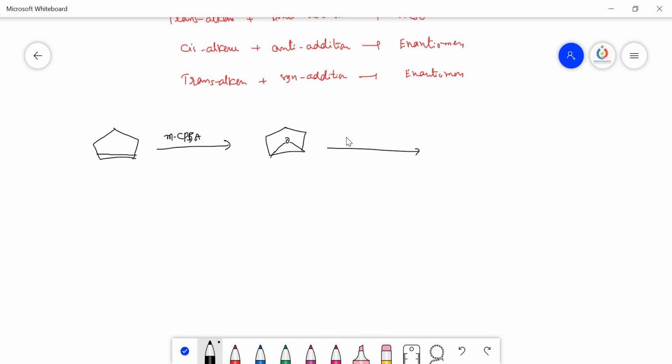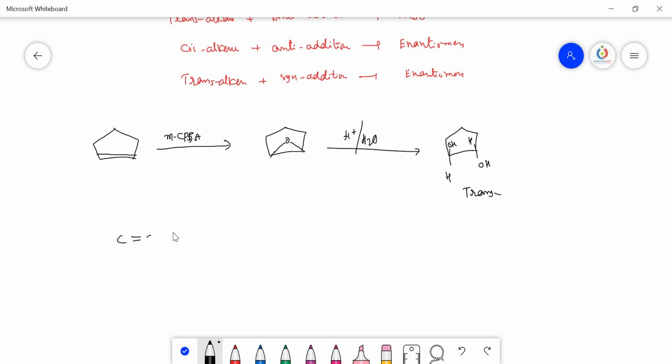And it is subjected with H plus and H2O. So you will get the glycol, a cyclic glycol. In this, the OH groups are oriented in the opposite direction. So this is the molecule that we call trans.